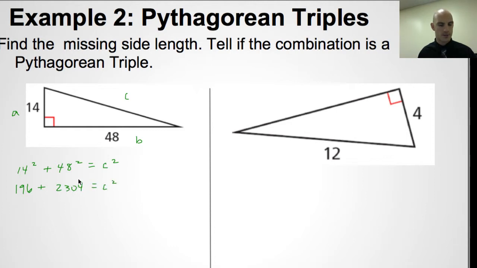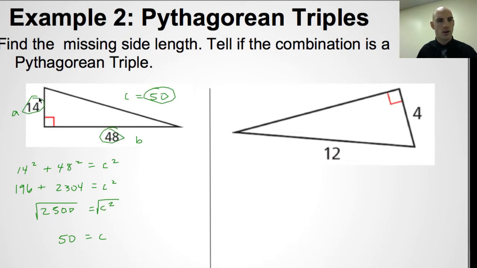So I'm going to add to that 196. And I end up with 2500. It's looking pretty good. And so I'll take the square root of both sides. Square root, answer. And I get 50 is equal to C. Well, let's look at what that gives us. That gives me a whole number, and a whole number. So yes, it's a Pythagorean triple.